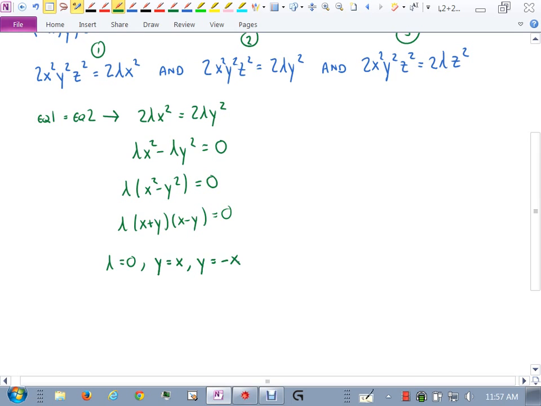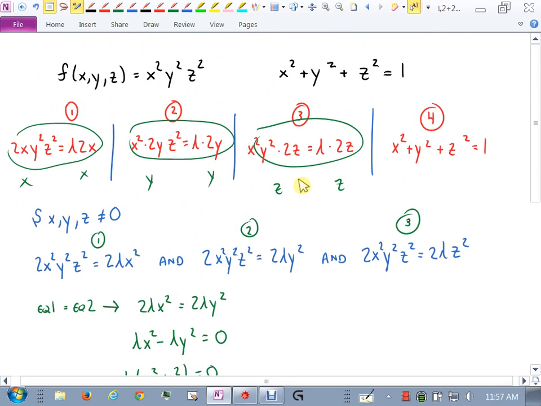Okay, those are the 3 things that have fallen out of this one thing, right? I said, hey, suppose x, y, and z are all not 0. Let's see what happens. We get those 3. Let's start with lambda being 0. Suppose lambda is 0. What would happen?